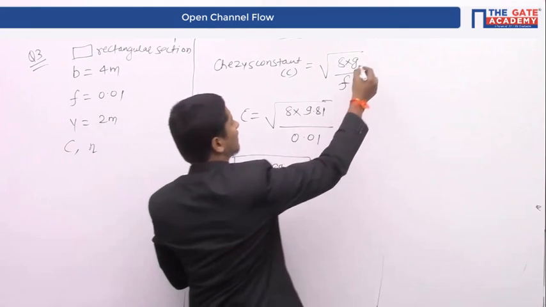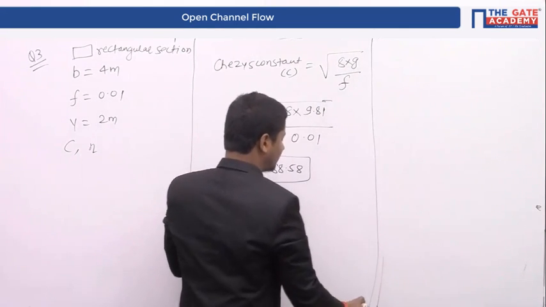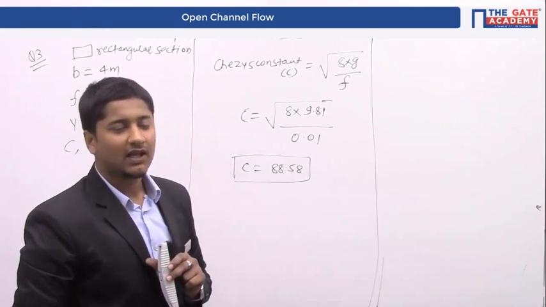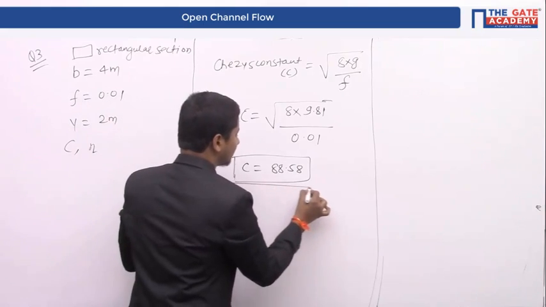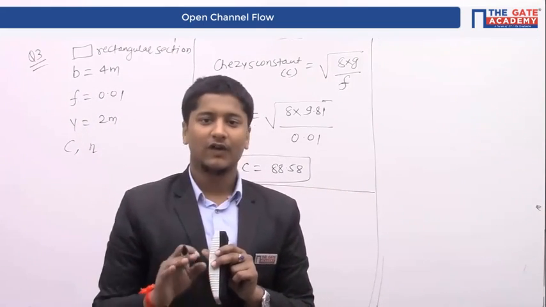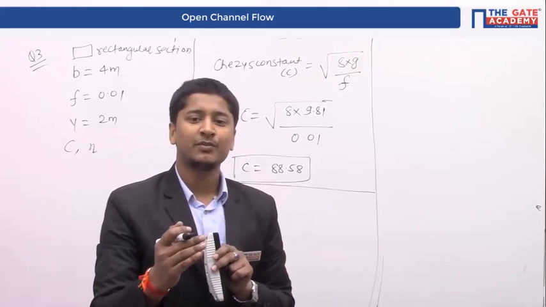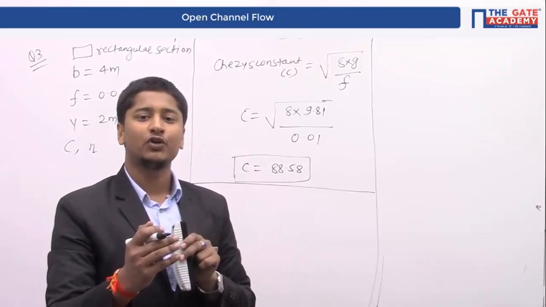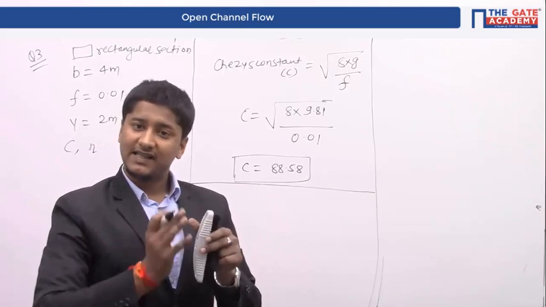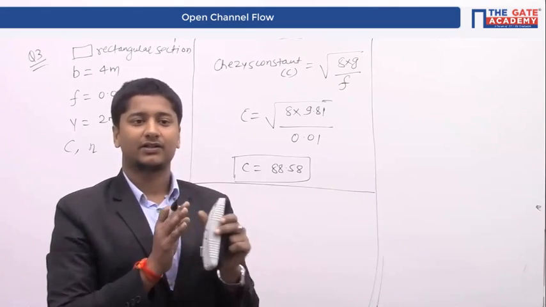Now the second part of this question is to find out the Manning's coefficient. You know Chezy's formula and Manning's formula for velocity. To make a relation between Chezy's and Manning's, we will solve both formulas at a time.